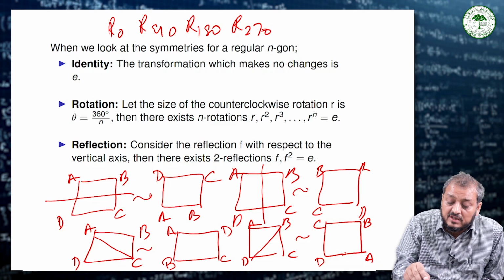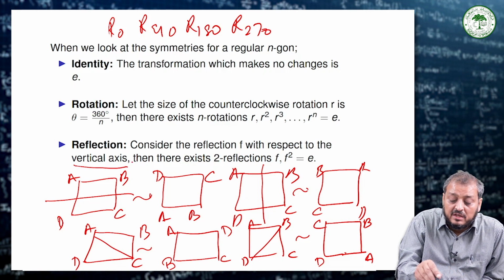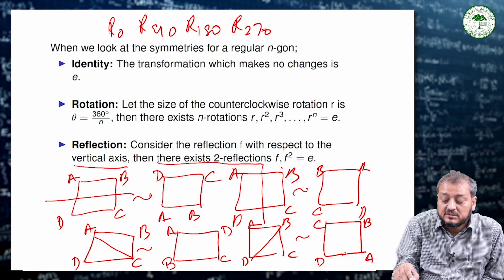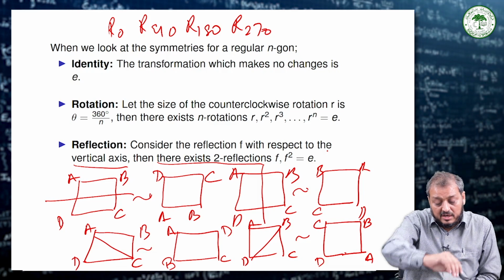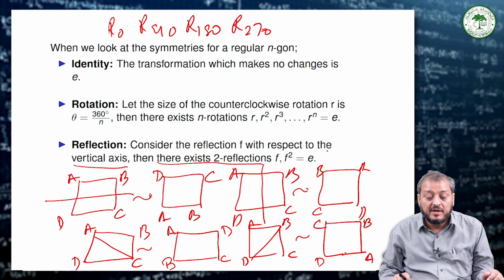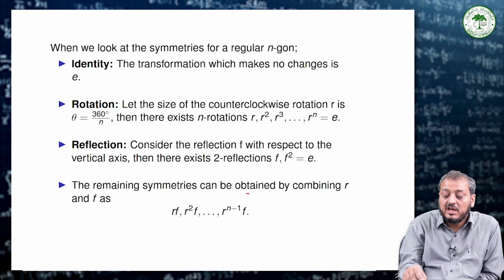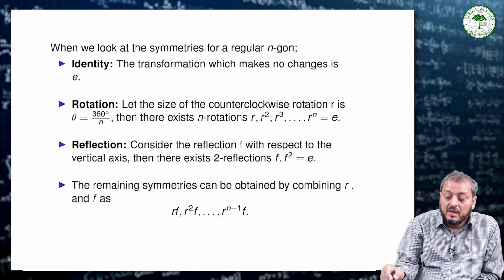Consider the reflection f with respect to the vertical axis. Then there exist 2 reflections: f square is equal to, if we reflect again, we get the identity element. So we say that the remaining symmetries can be obtained by the combination of r and f.